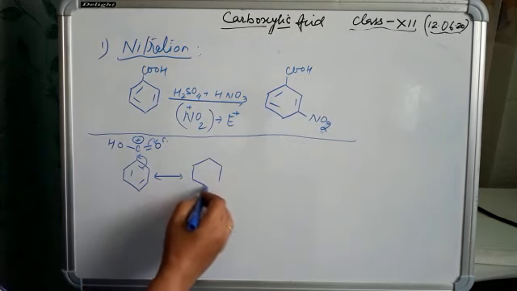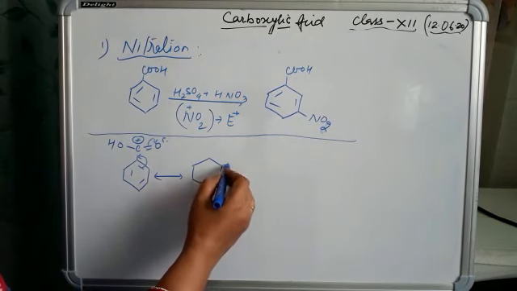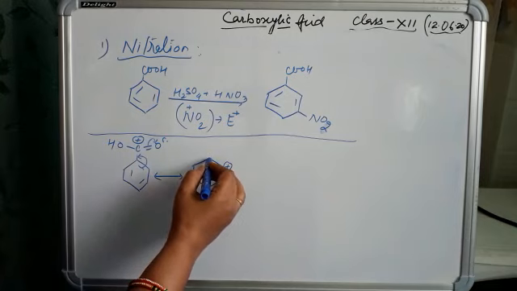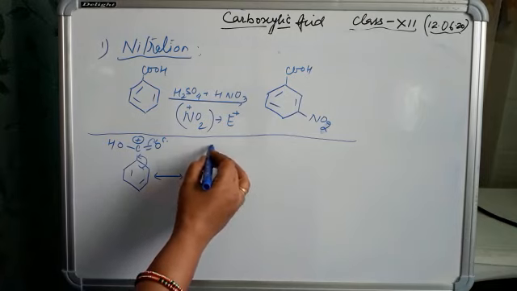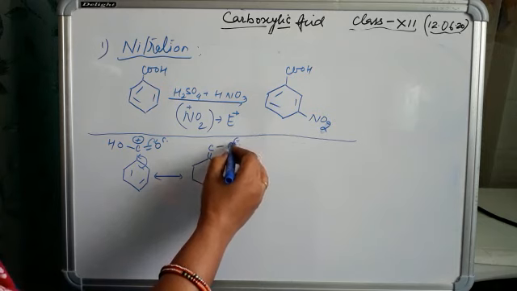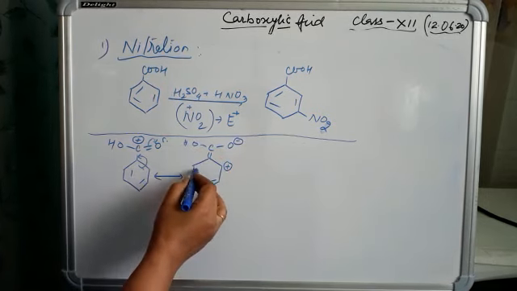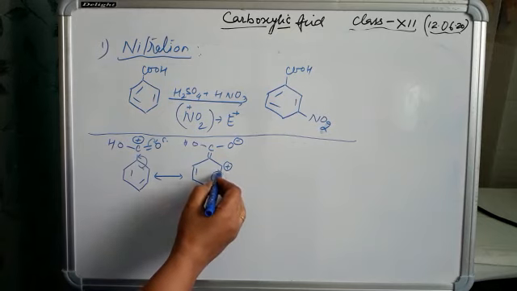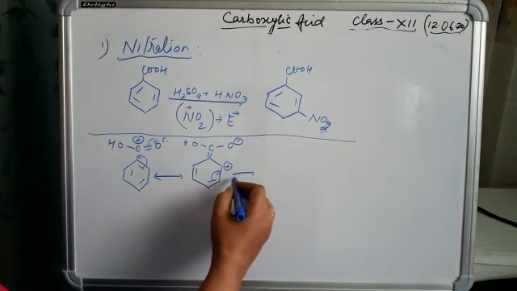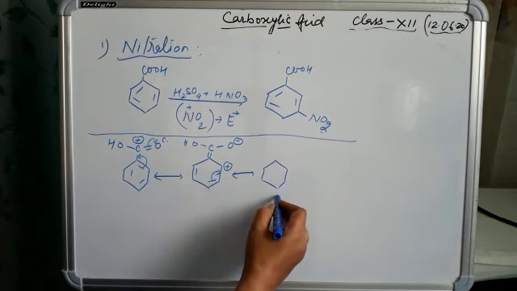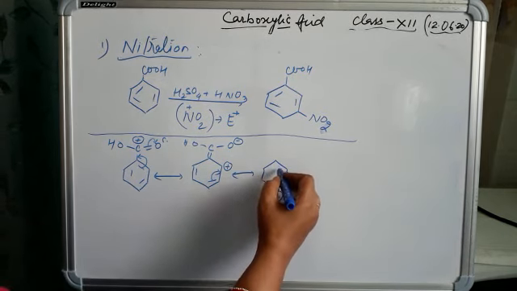In that condition, positive charge appears on the ortho position. Here the double bond, oxygen, negative charge, O and H, and this pi electron move here. So positive charge appears on the para position.